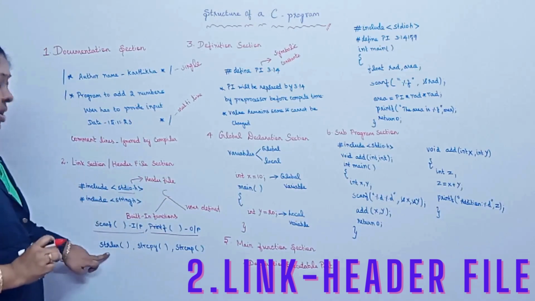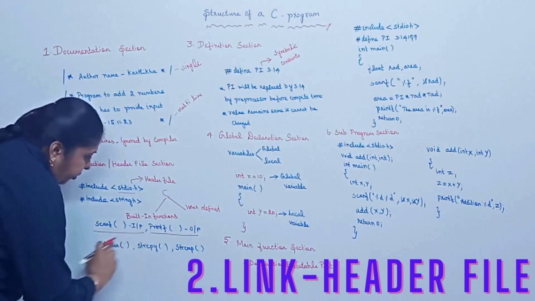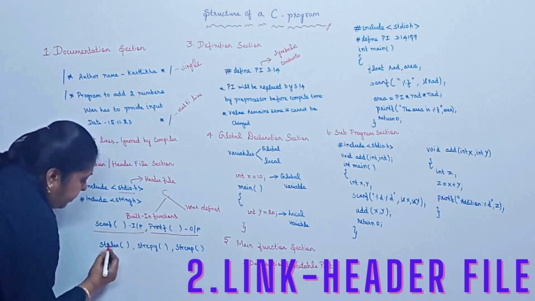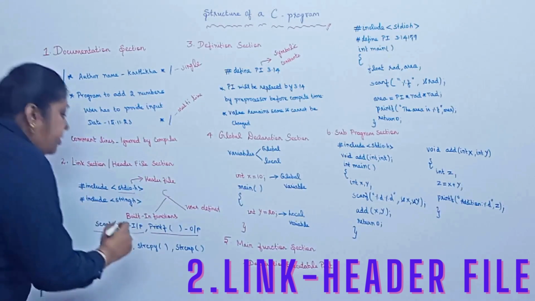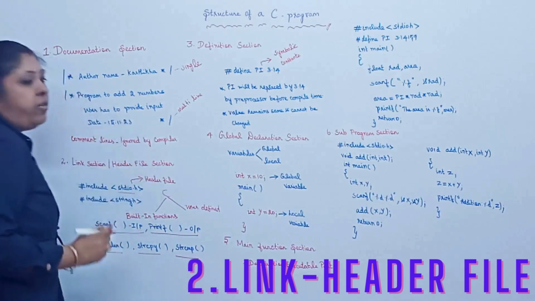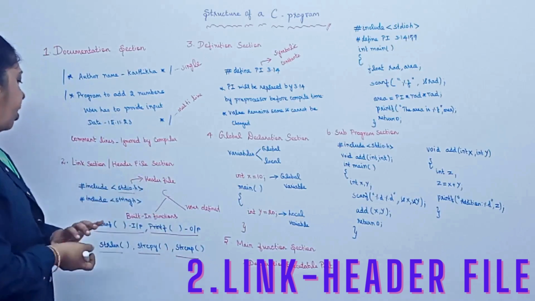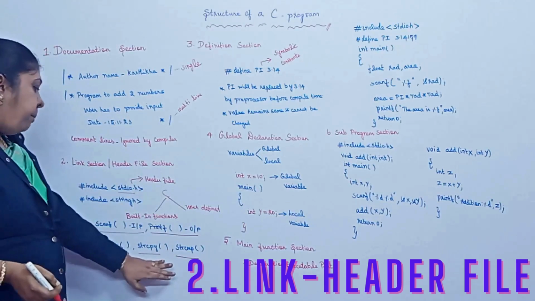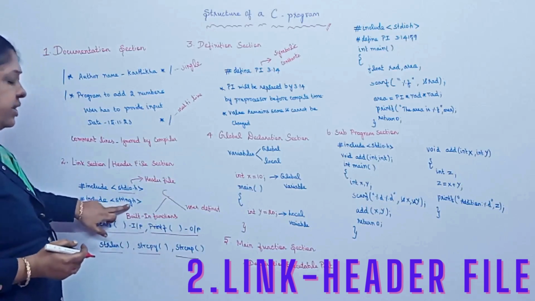Suppose we are using built-in string functions, such as strlen for finding the length of a string, strcpy for copying a string, and strcmp for comparing string 1 and string 2. When we use these string functions, we have to include hash include string.h.